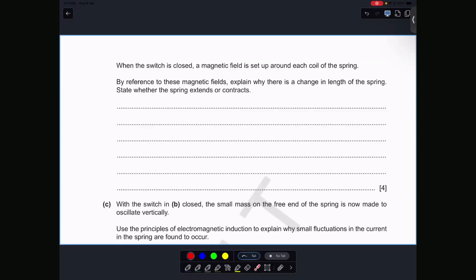So first point হবে, as current passes through the coil, there is a magnetic field generated around the coil. Next point হচ্ছে, individual coils will have opposite poles facing each other between them. That's the important part. And opposite poles attract each other. Each of the loops attract each other, so the whole thing contracts. Okay.